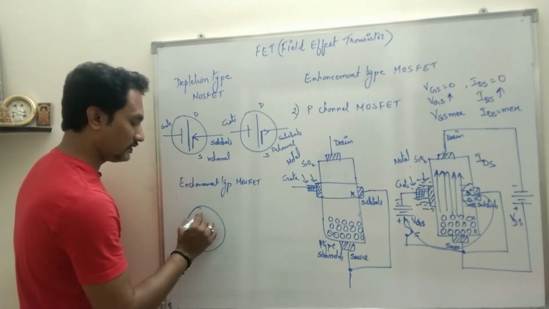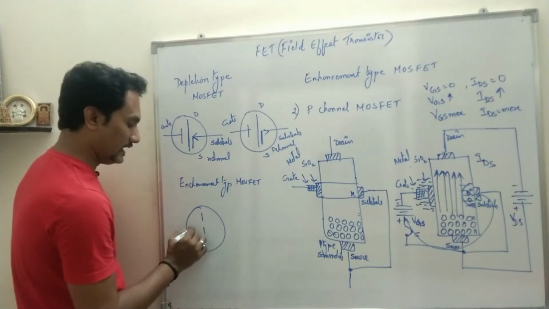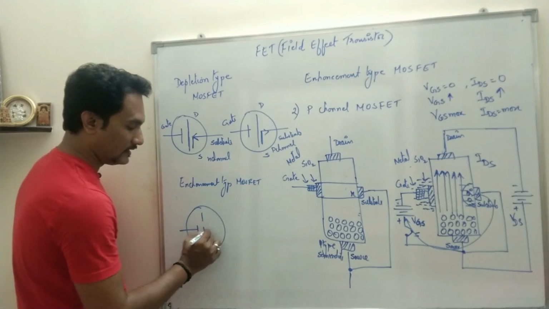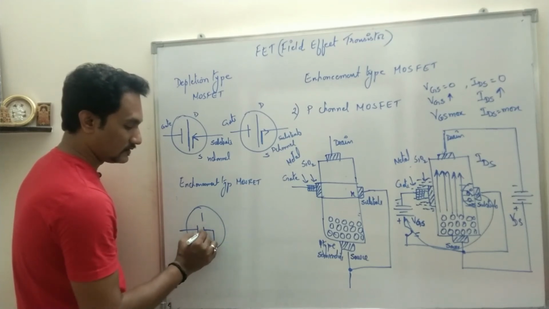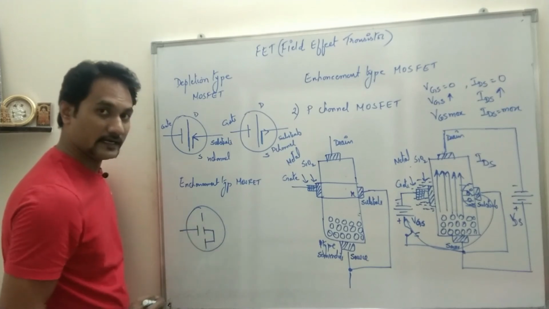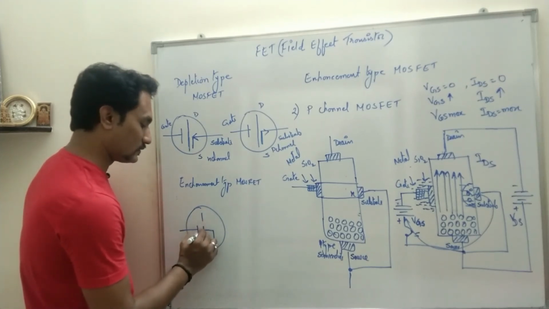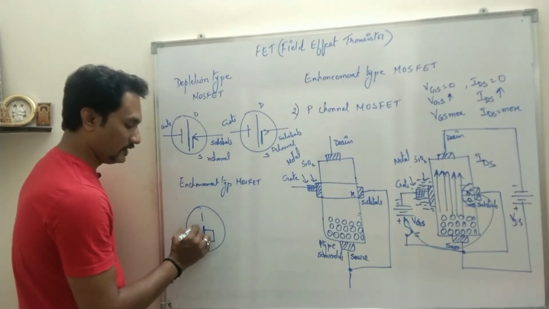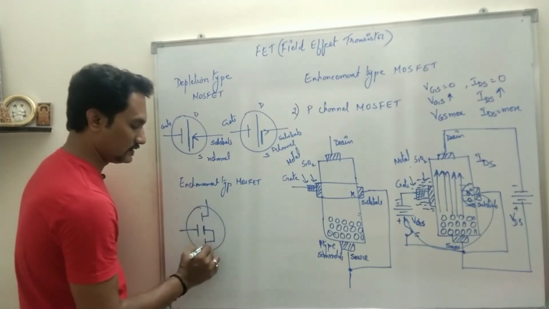Okay, and now enhancement type MOSFET. For enhancement type MOSFET, we have to draw 3 lines. Okay, this is separated individually, and then we show this substrate and source which is connected internally. Substrate and source are connected internally, and in front of substrate there will be a gate terminal.